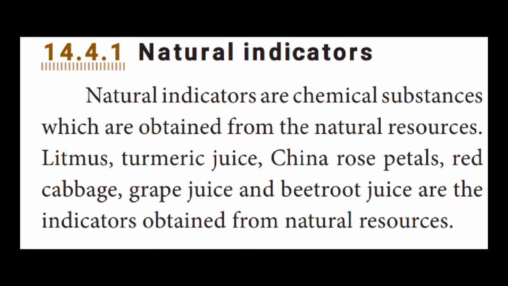Natural means what? Natural indicators are chemical substances which are obtained from natural resources. That is litmus, turmeric juice, China rose petals, red cabbage, grape juice, and beetroot juice are said to be natural indicators.